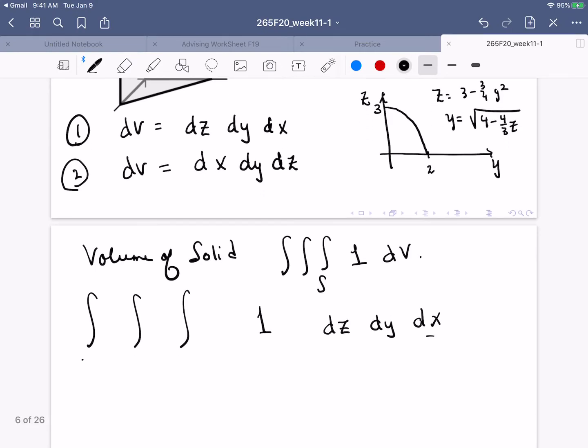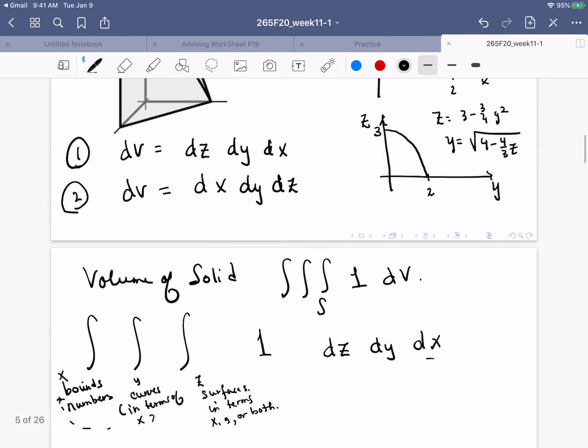Now keep in mind the bounds need to be numbers for the outermost, and these are paired with x's, so these are x bounds. Then we have y bounds, and these are going to be curves in terms of x, because that's what my outermost bounds are. And then my bounds for z are going to be surfaces, and those can be in terms of x, y, or both.